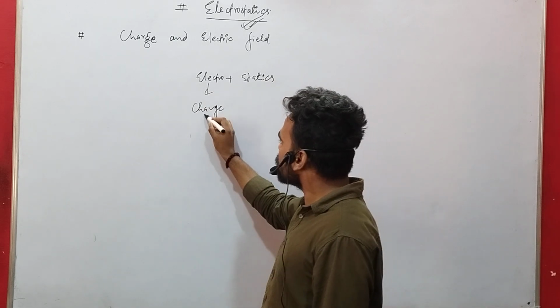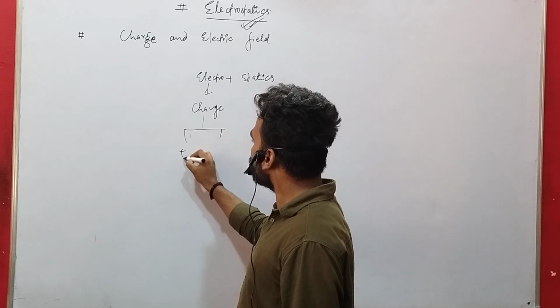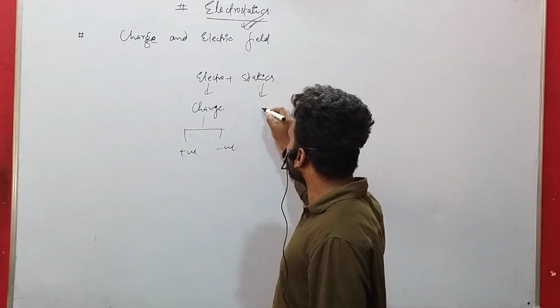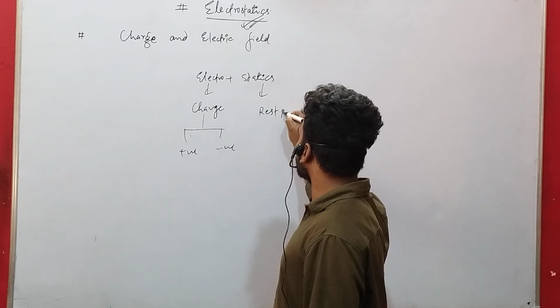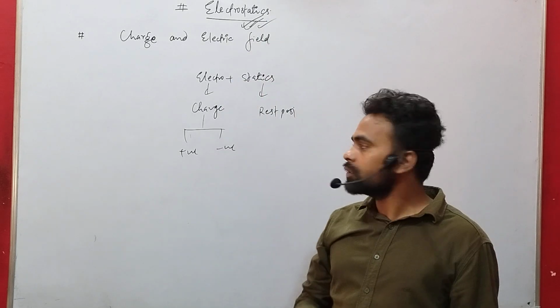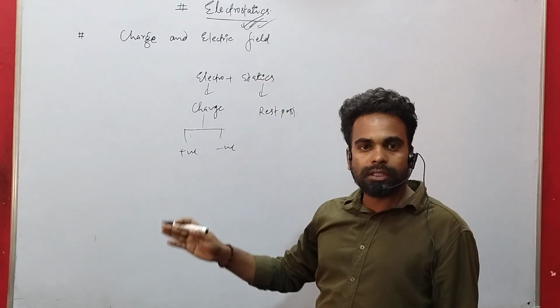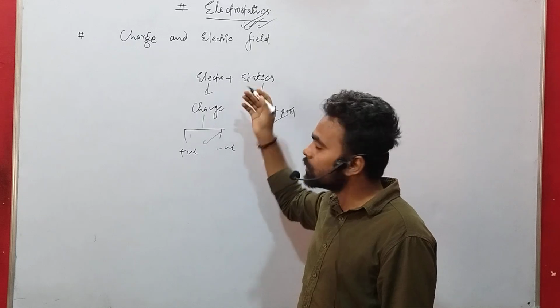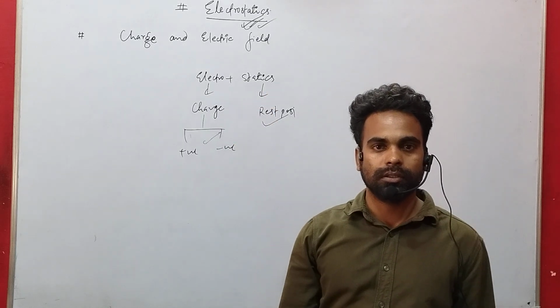Here the charge has two types, positive and negative. Statics means rest position. Then the definition of electrostatics: the branch of physics in which we study the rest position of charge is called electrostatics.